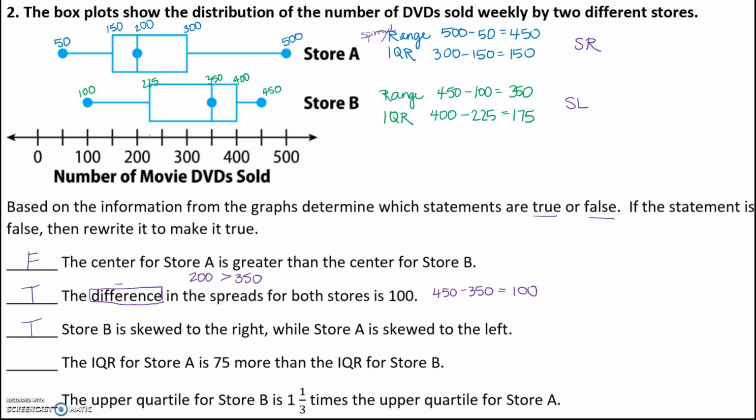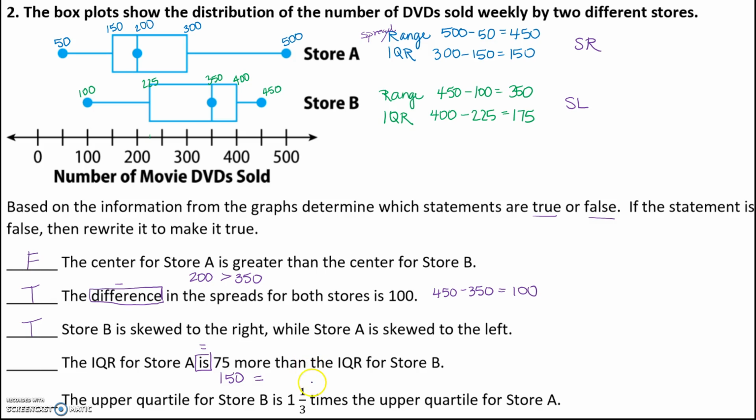Next one says the interquartile range for store A is 75 more than the interquartile range for store B. This is a little tricky with the wording, so pay attention. Interquartile range for store A is, so store A, interquartile range, so 150, is means equals, so equals 75 more than.